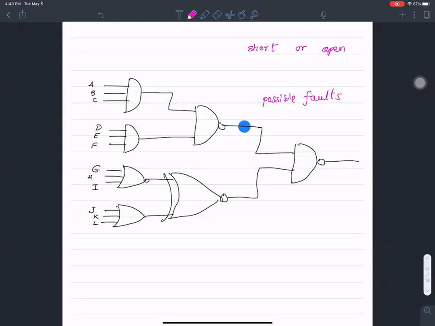So let's name the nodes M, N, P, Q, R, S, T, and let's call this guy output X. If you look at node M, it could be stuck at 0 or stuck at 1, and I'm going to represent them as M0 and M1.